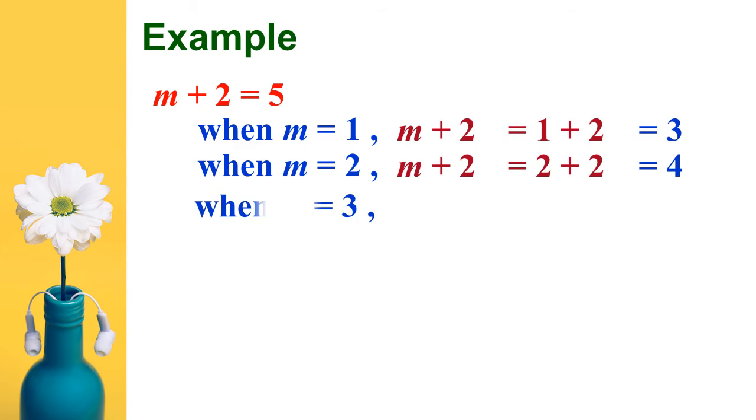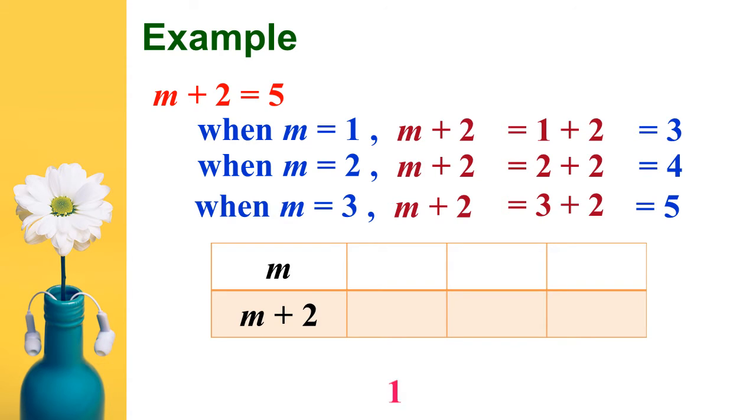Here also the left hand side is not equal to the right hand side. Let us take another value, m equal to 3. We get 3 plus 2, that is 5. Now the left hand side is equal to the right hand side. We start substituting values, and we get m equal to 3, which satisfies the equation, because a linear equation in one variable has only one solution.